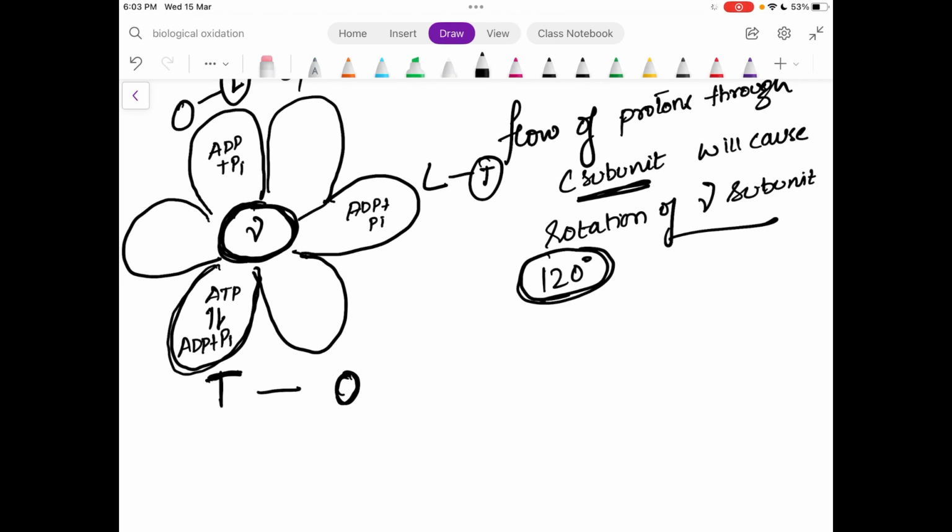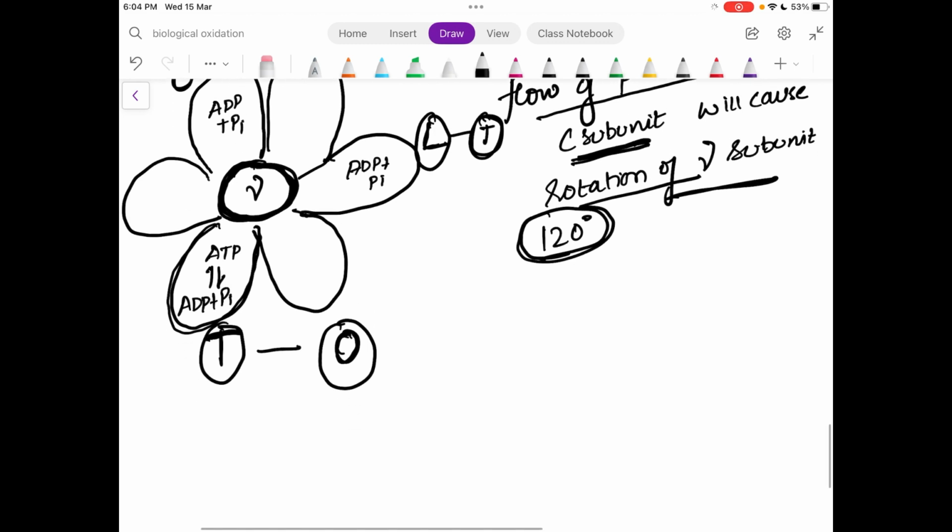So this conformation has to be changed from T to O. This occurs with the help of the flow of protons through the C subunit, which causes rotation of the gamma subunit, and this gamma subunit will compress the beta subunits and cause a change in their conformation, from T to O, L to T, and O to L. That means tight to open, loose to tight, and open to loose.